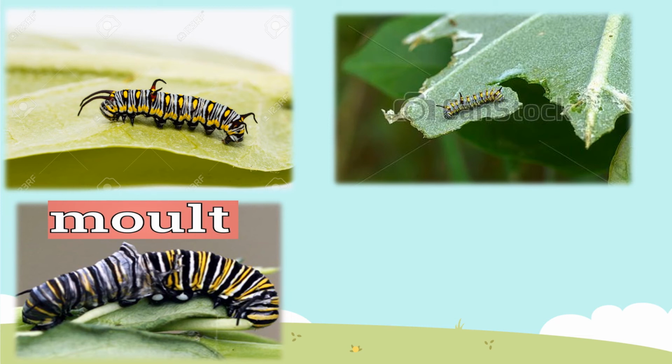Again, the caterpillar starts eating the leaf and continues to grow rapidly. In 2 to 3 days, it molts a second time. In this way, the caterpillar molts 4 times. It remains in the caterpillar stage for 10 to 12 days.